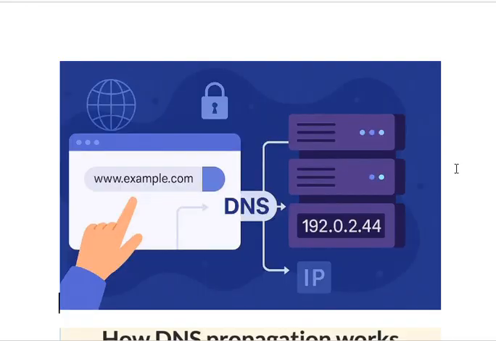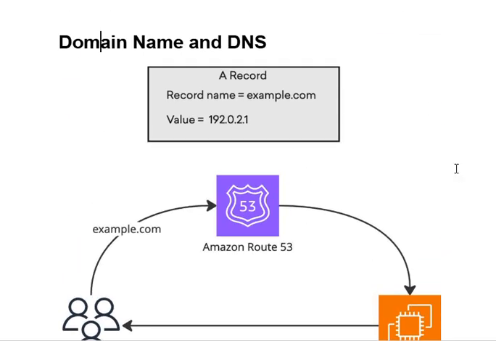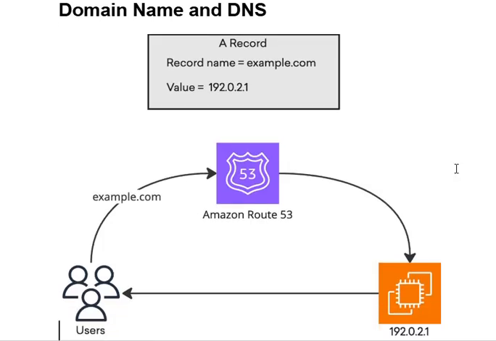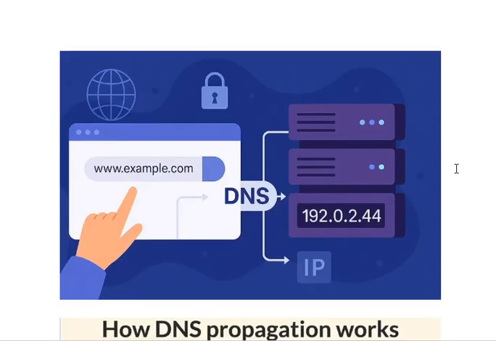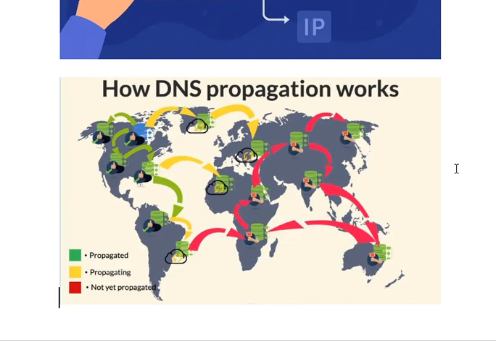So, domain name service, DNS. Record name example.com, value 192.0.2.1, for example with Amazon Route 53. The domain name service takes these IP addresses and presents them on the internet. Here is how domain name service propagation works.